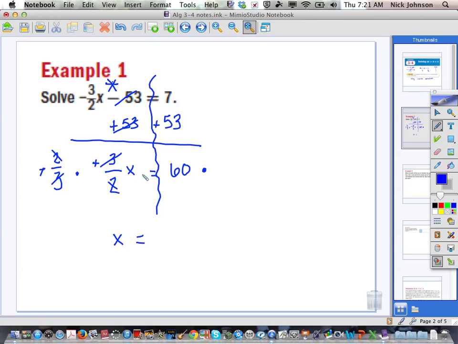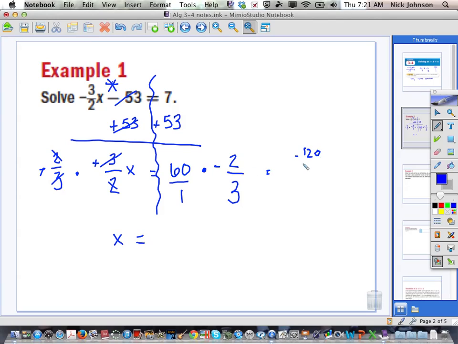Now, as I said before, whatever I multiply over here, I have to multiply by over here. I multiplied on the left-hand side by negative 2/3. So I need to do the same thing over here. To make your multiplication easier, notice how I put 60 over 1. So I have a fraction times a fraction. Now, whichever way you want to do it's fine. You could go 60 times negative 2 gives you negative 120.